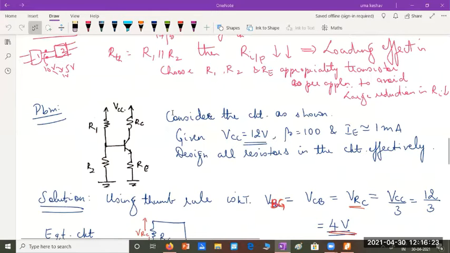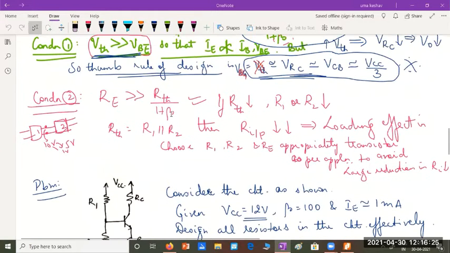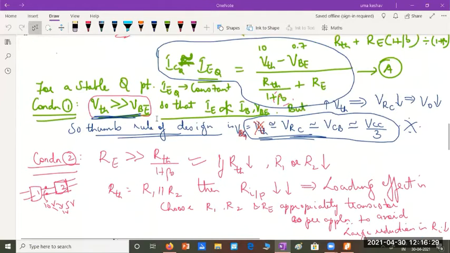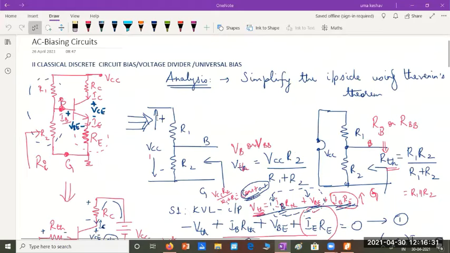Yesterday we were discussing the classical discrete circuit bias, also known as the voltage divider bias. We call this the classical discrete circuit bias arrangement or voltage divider bias. Universal bias could also be called self bias.